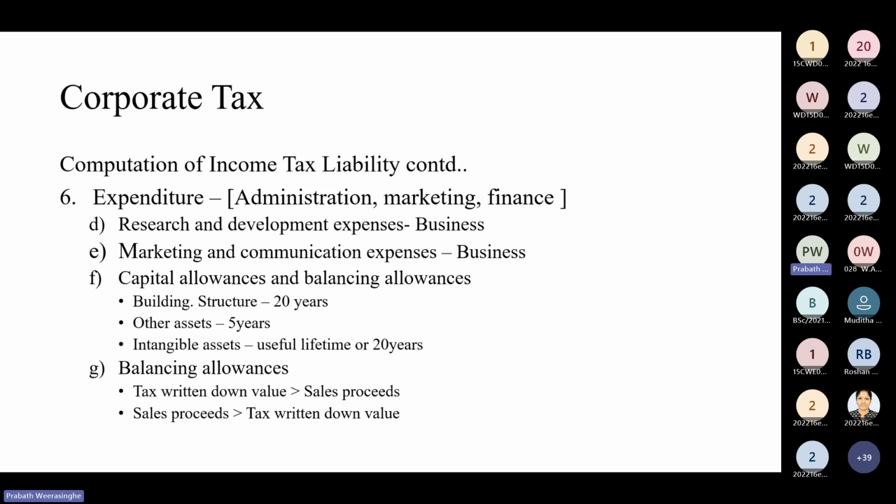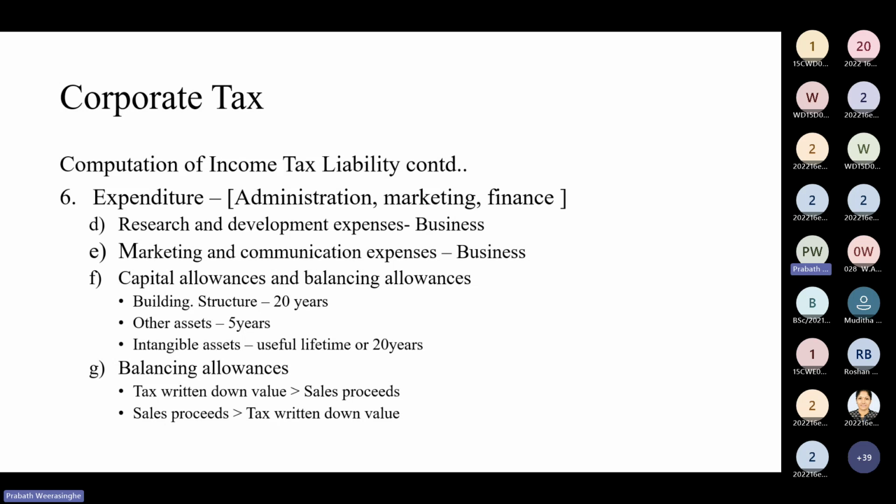It says how many years we can claim capital allowances, right? For buildings and permanent nature structures, over a period of 20 years on a straight line basis, we can claim. The assets should be owned and used in the production of income, in the business, right?